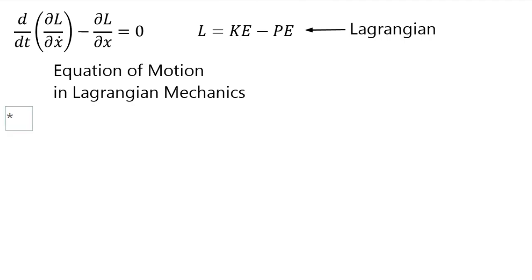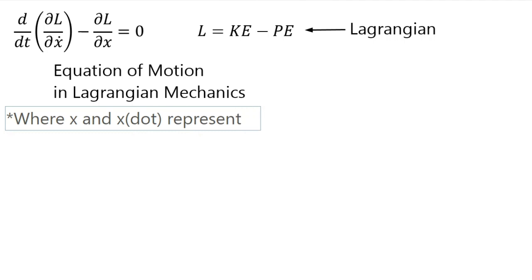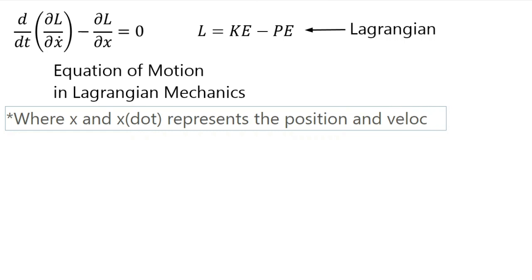L is equal to kinetic energy minus potential energy, and we also have these partial differential equations, and this is going to be the equation of motion in Lagrangian mechanics. This is how in Lagrangian mechanics we define force equals mass times acceleration, because that is what we know in classical mechanics.